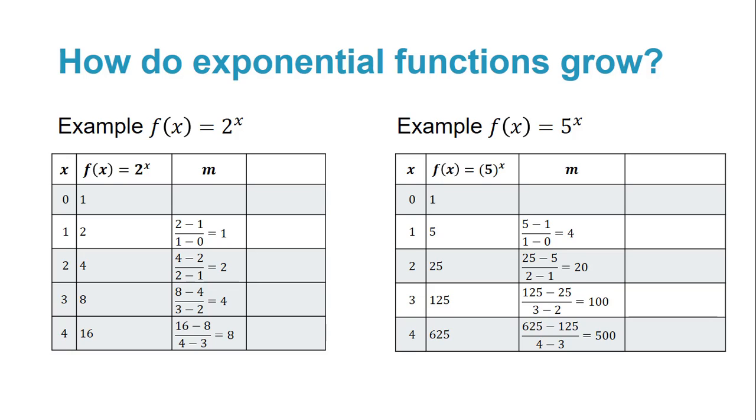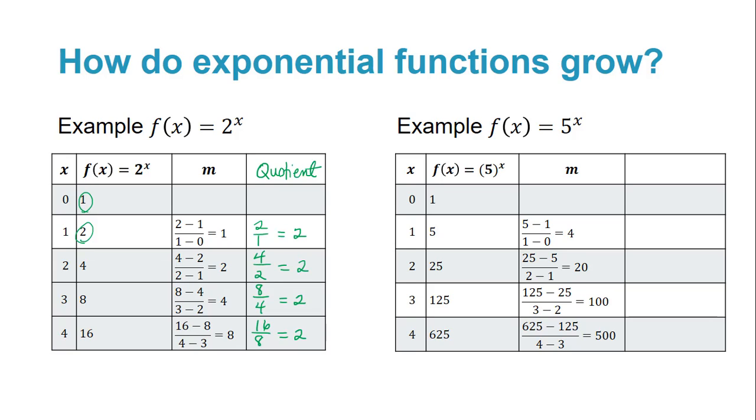But what happens if I find the quotient of the y values? 2 divided by 1 is 2. Then 4 divided by 2 is 2. 8 divided by 4 is 2. 16 divided by 8 is 2.